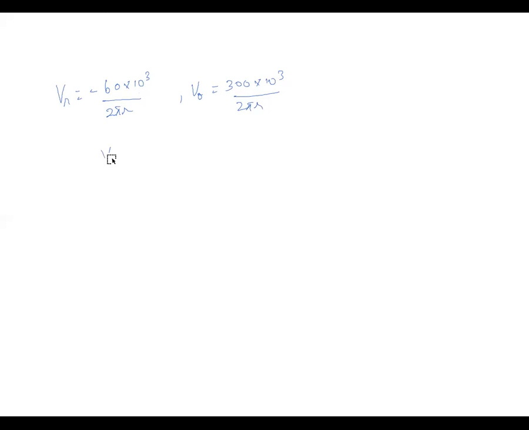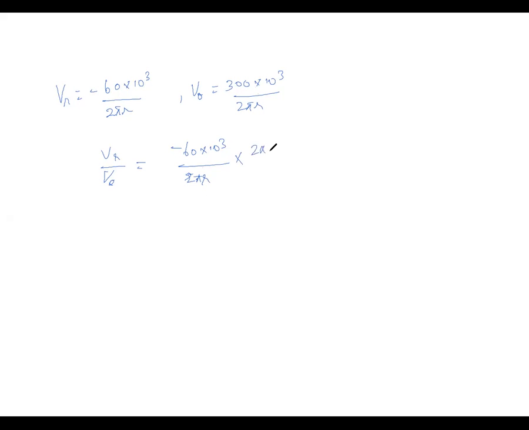So Vr divided by V theta, that is radial velocity divided by angular velocity, is given by minus 60 into 10 to the power of 3 divided by 2 pi r, divided by this quantity.